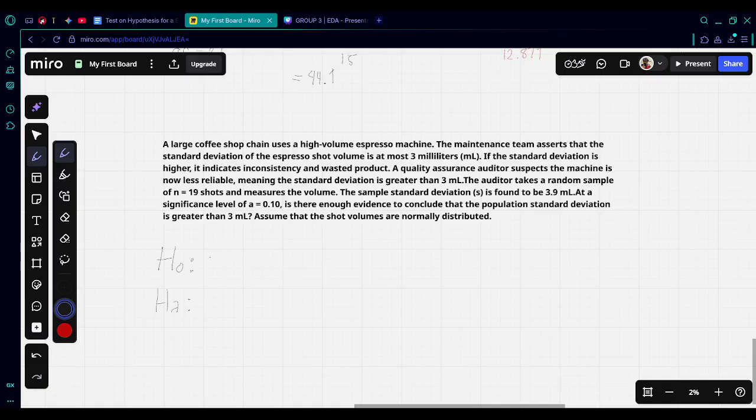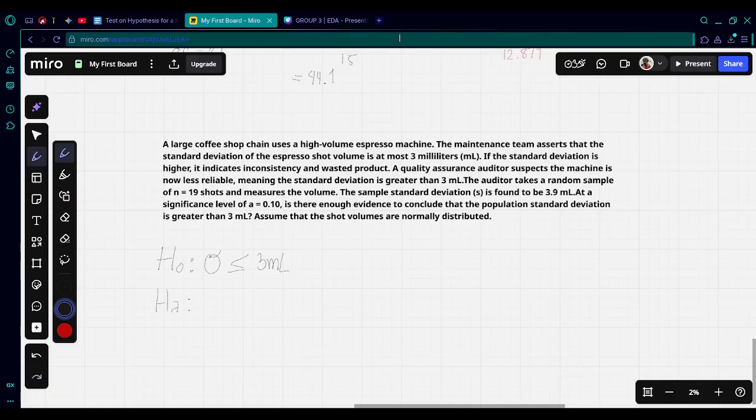So it means the standard deviation is less than or equal to 3 ml. So that is our null hypothesis.